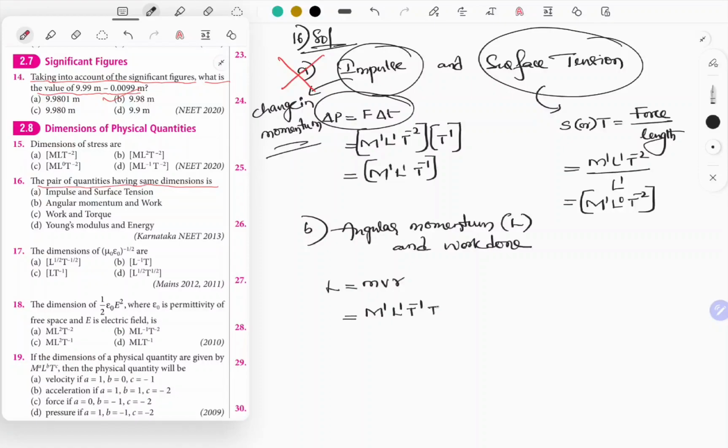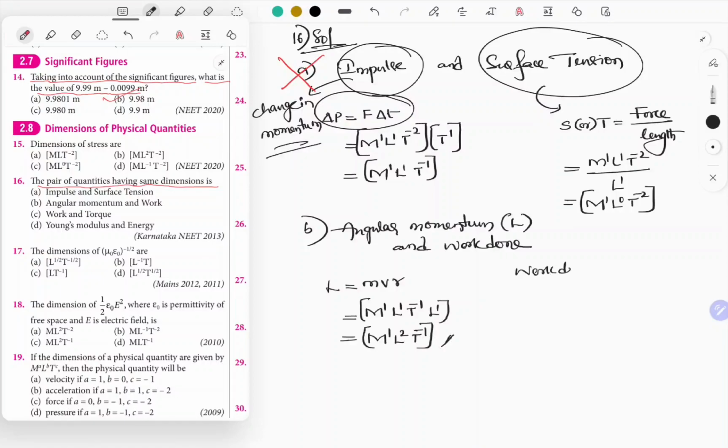It is represented with L power 1. So the final dimensional formula for angular momentum is M power 1, L power 2, T power minus 1. Okay, let's get into work done.